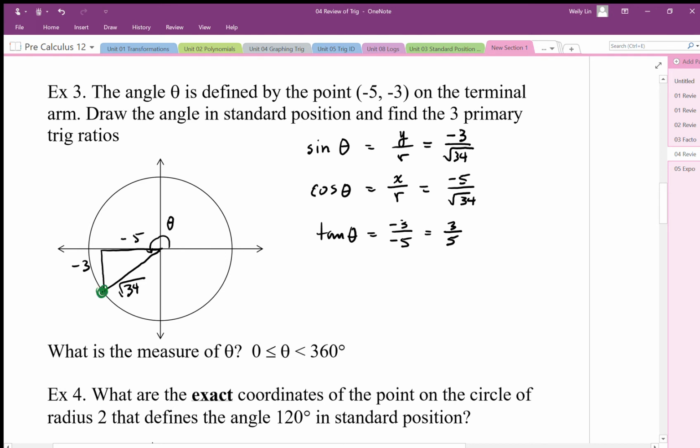Now the question does ask, what is the measure of that angle? We need to use the inverse for this. I'm just going to use the inverse sine. So I'm going to use the inverse sine of -3 over root 34, typing that into my calculator.